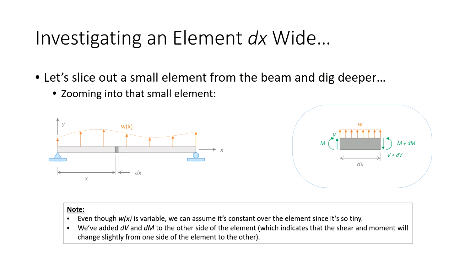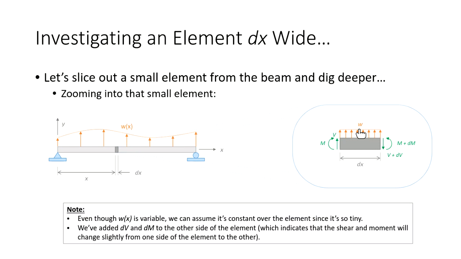And so what do we see? There's a couple things worth pointing out. First, look at the load. We've got this variable load that could be all over the place, but keep in mind, we're now looking at an element that's super tiny. On this super tiny element, we can assume that the load is constant, because it's so tiny, the load really isn't going to change very much.